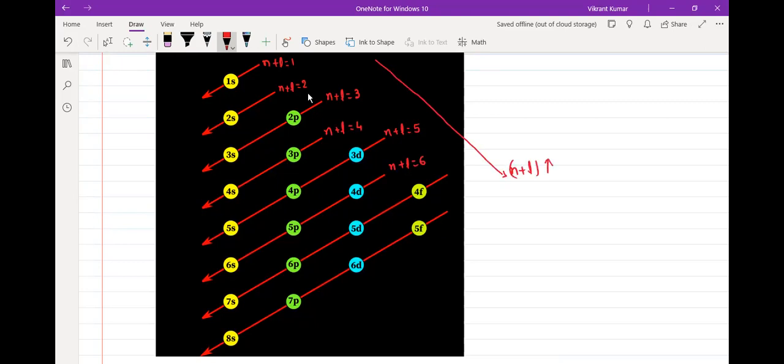This value is increasing. And for a given n plus l, this is the direction in which n is increasing. Okay. So if I have to fill the electron, first we'll be filling it in 1s, then in 2s, then 2p, then 3s, then 3p, then 4s, है ना? This is the sequence. Is it okay?